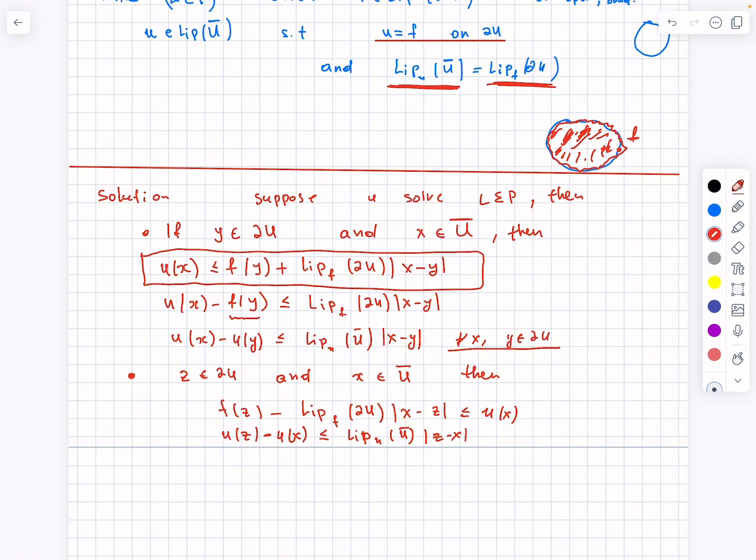So it works for all z in the boundary and x in all U. Therefore, this formula is also correct.